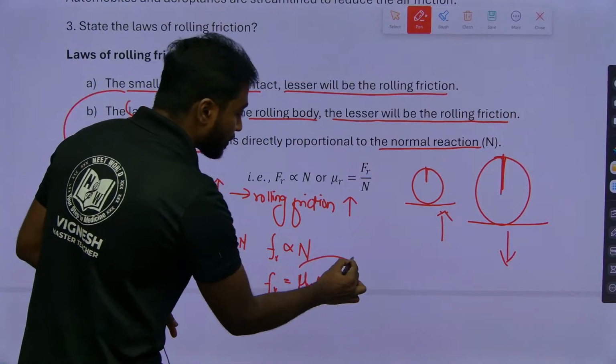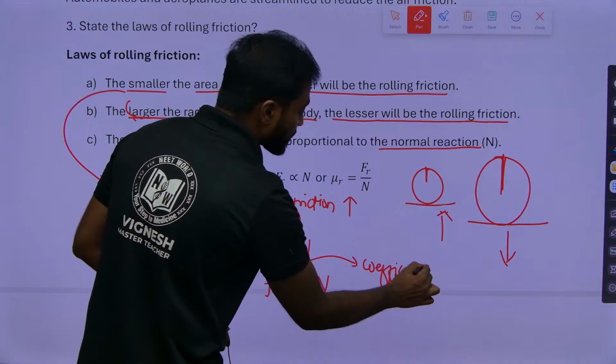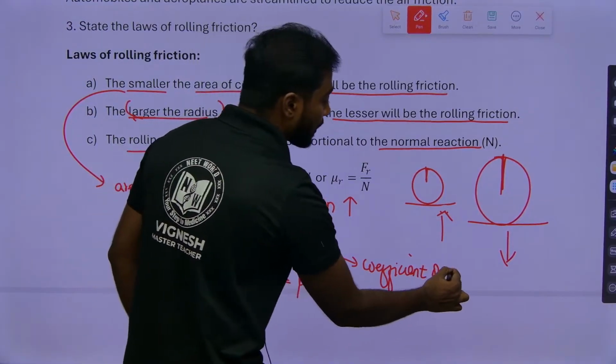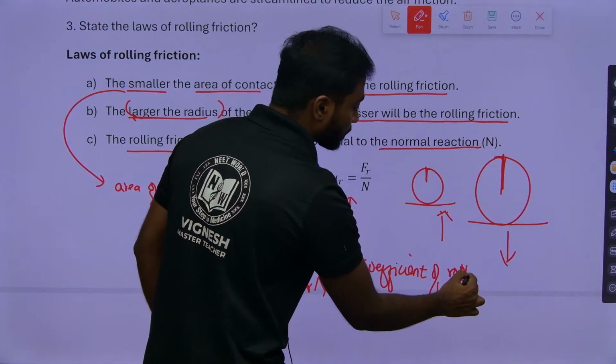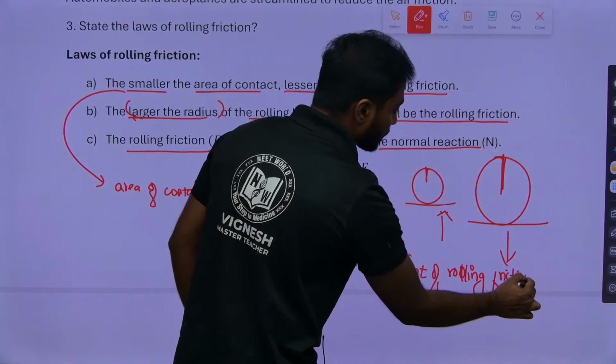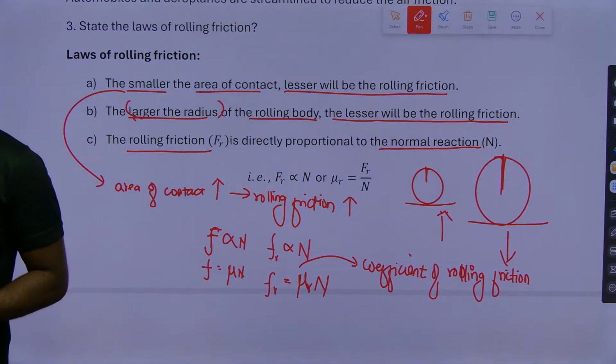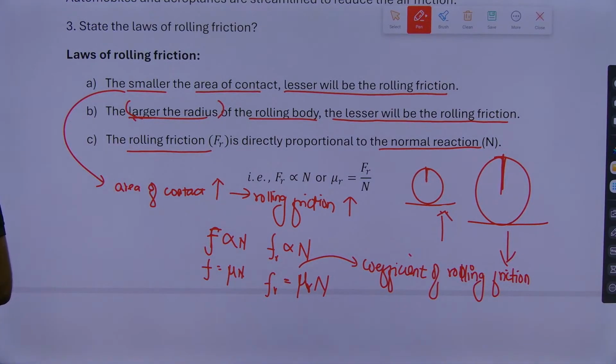It is the coefficient of rolling friction. You can take a note of this.